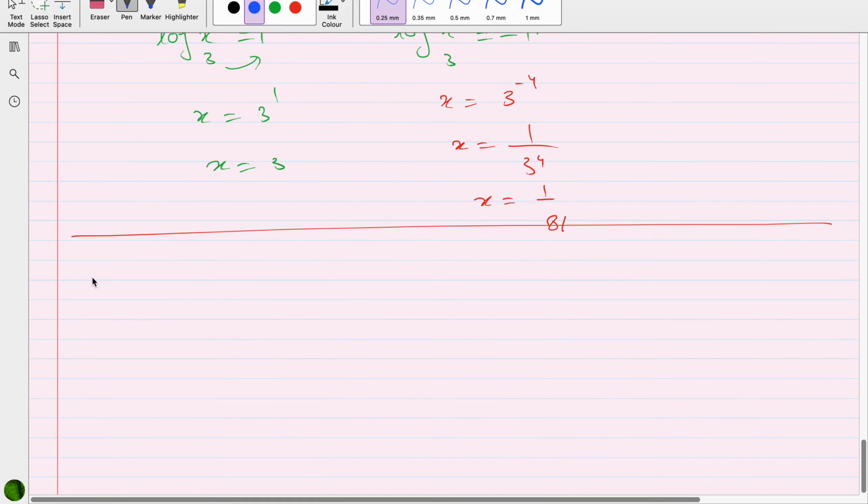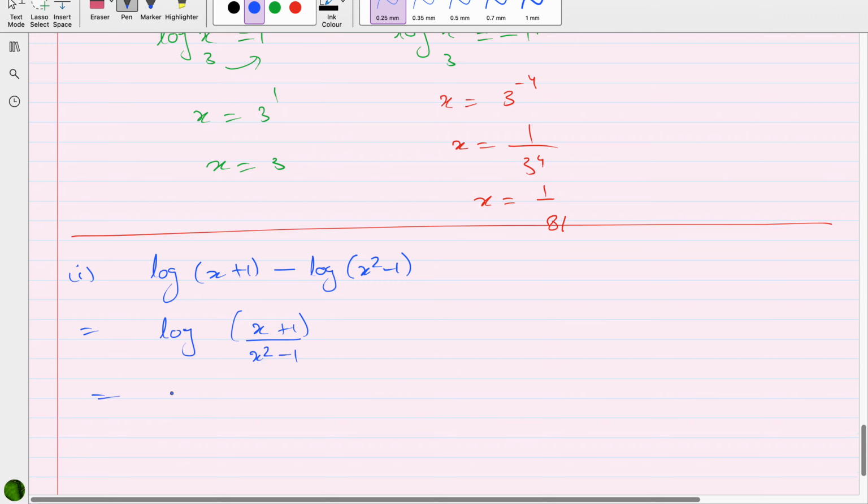If we have a question which says log of x plus 1 minus log of x squared minus 1, and the question says to simplify, we can write them as a single log. Because of this negative sign, we are dividing them. Now, I know that the numerator stays as it is and the denominator is basically a squared minus b squared. x squared minus 1 is actually x squared minus 1 squared.